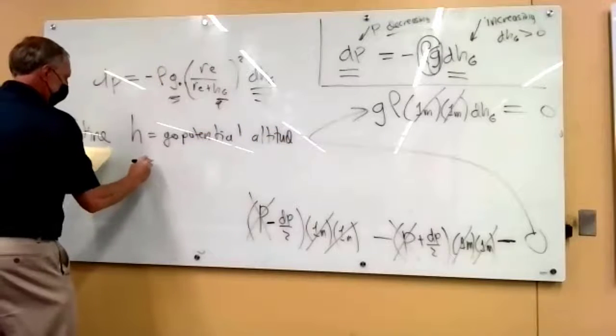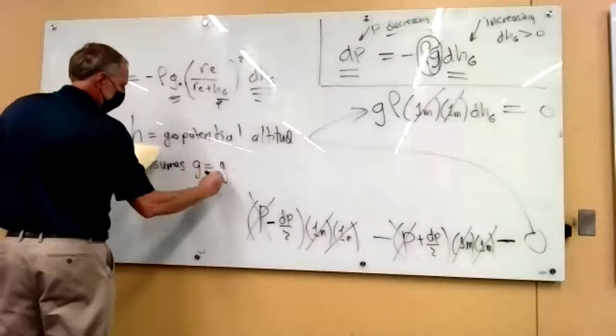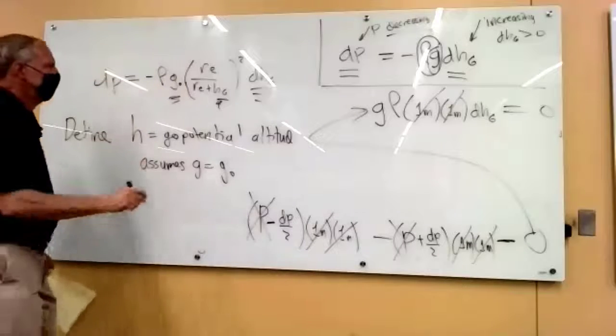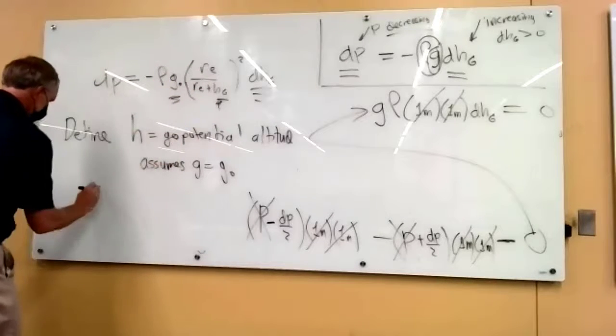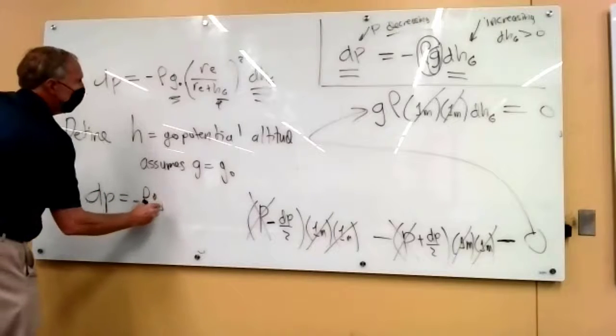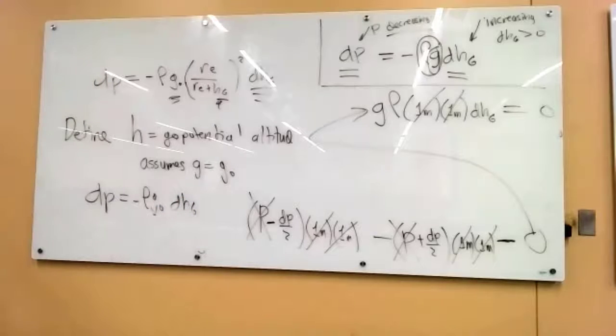And it assumes g is constant at g0, and we plug in g0 up here. So we throw away this thing and we say dp equals this. So is this equation right? Is it 100% accurate?